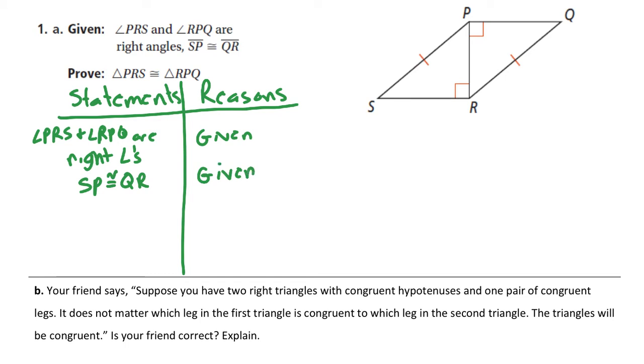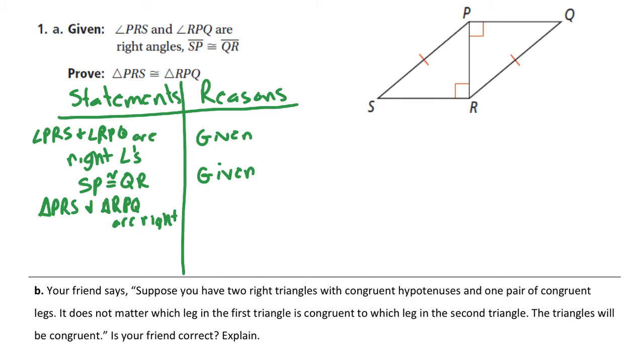Okay? So what I can further say from what is given is I can say that triangle PRS and triangle RPQ are right triangles.